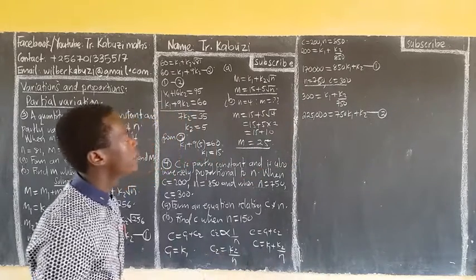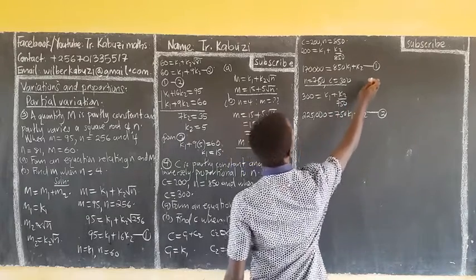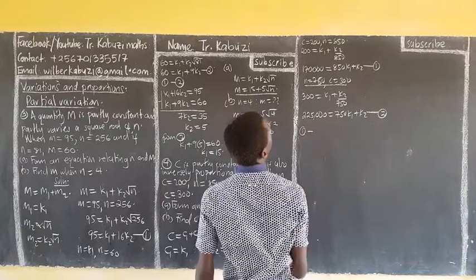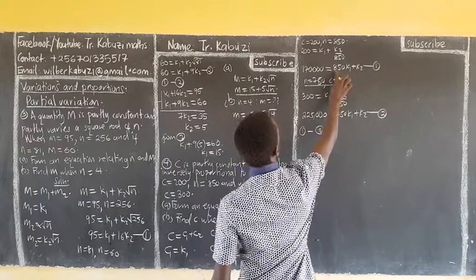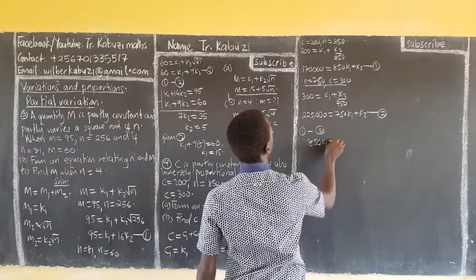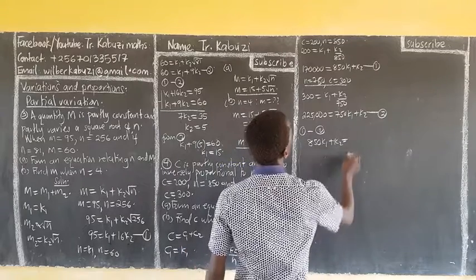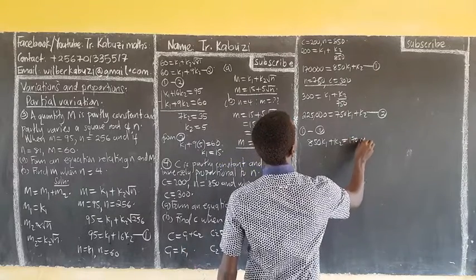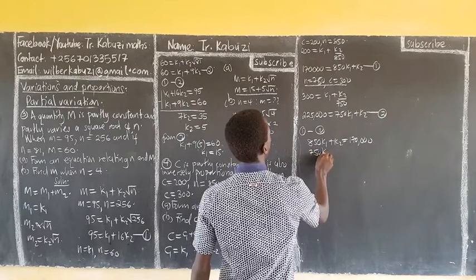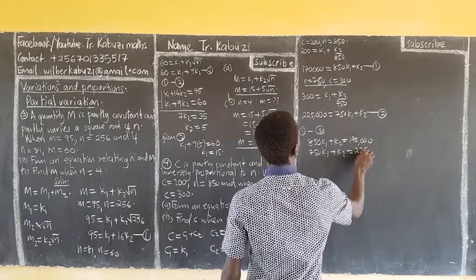So now you can solve them simultaneously. If I get this minus this, I'll say equation 1 minus equation 2. I'm going to start with this side. 0 K1 plus K2 equal to... then start with this side. Plus K2 is equal to 0.